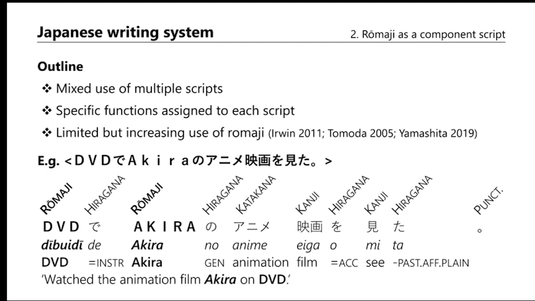Each specific set of functions is assigned to each script. And regarding Rōmaji, it occupies a limited status in the current Japanese writing system, but it is increasingly used. One example here, a sentence written in all the scripts, and highlighted in bold is the Latin script or Rōmaji.